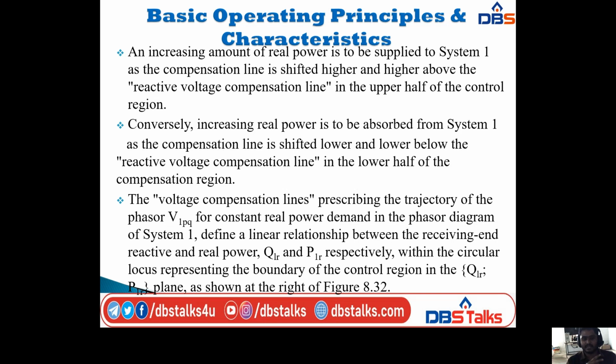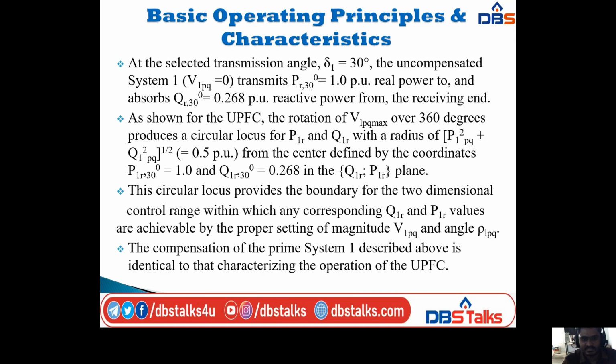So the voltage compensation line prescribes the trajectory of the phasor, that is V1PQ, for constant real power demand in the phasor diagram of system 1. It defines a linear relationship between the receiving end reactive and real power, that is Q1R and P1R respectively, within the circular locus representing the boundary of the control region, as shown in the right side of figure 8.32.